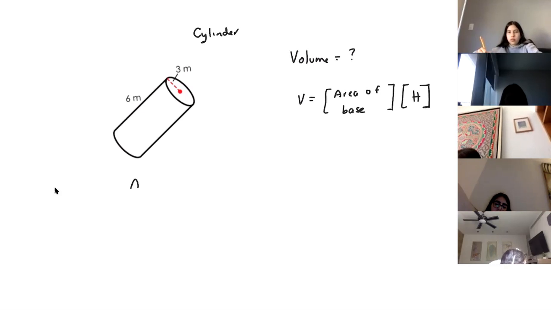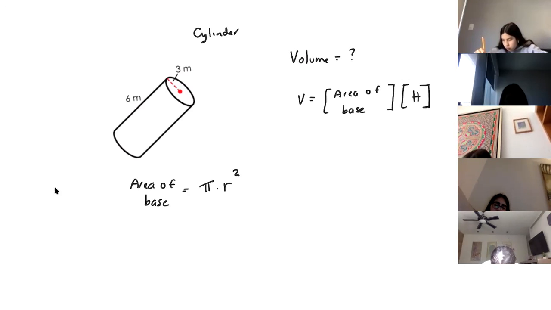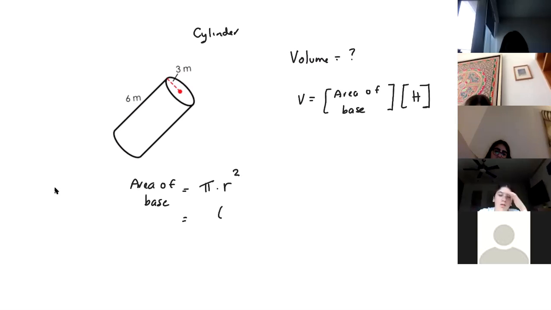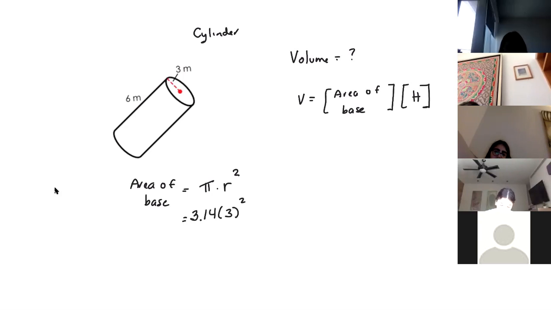So the area of the base, as it is a circle, is going to be pi times radius to the second power. So who can tell me what values I'm supposed to insert? 3 to the second power, 9. Yes, and then that times pi. The value of pi could be 3.14 or 3.1416.